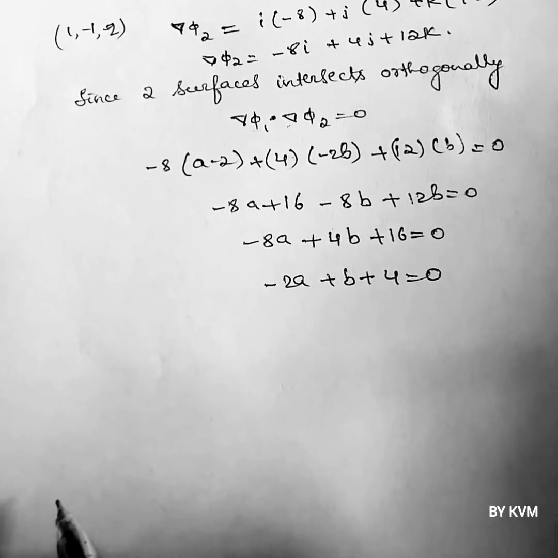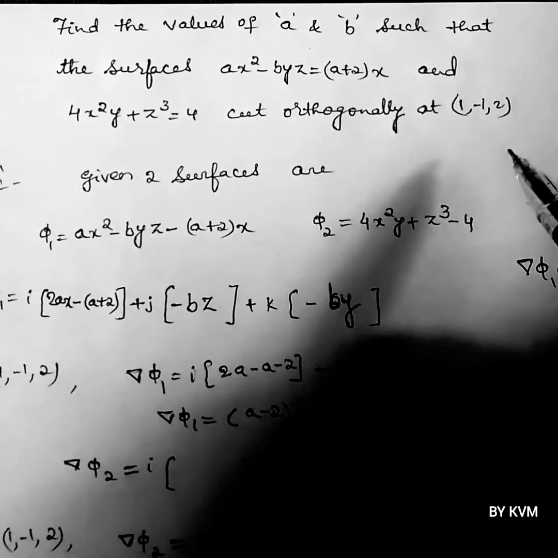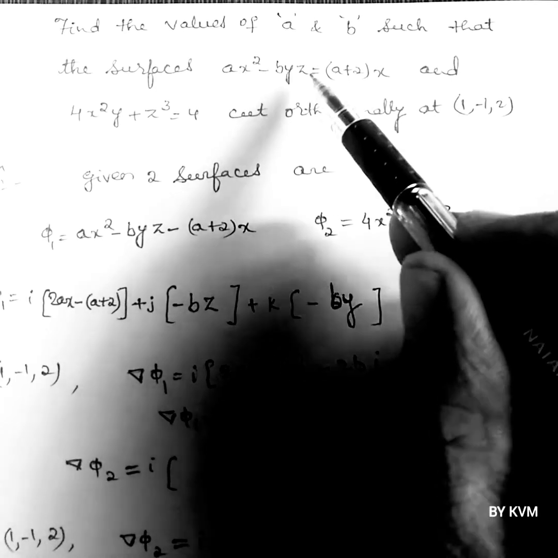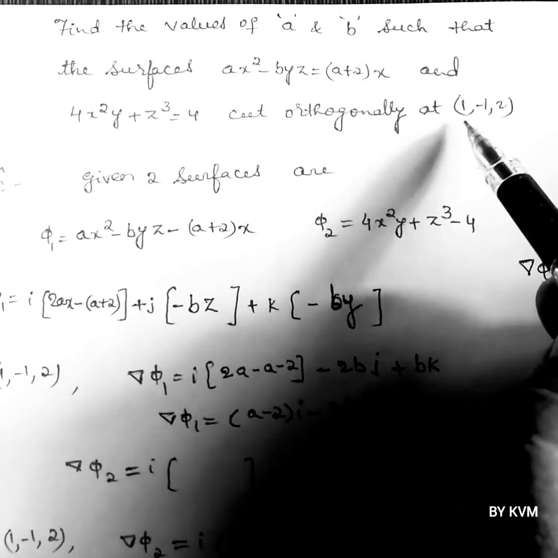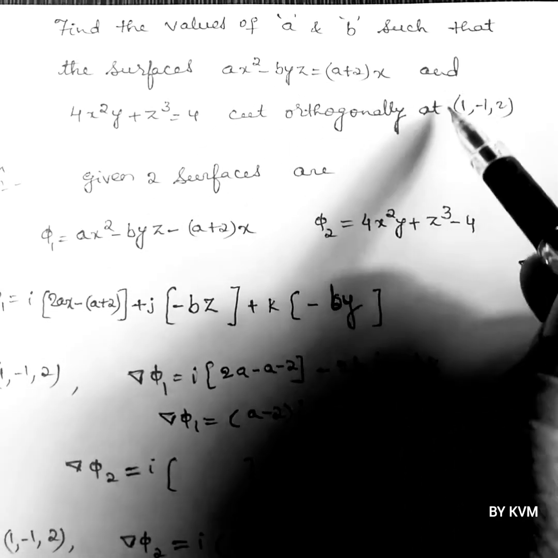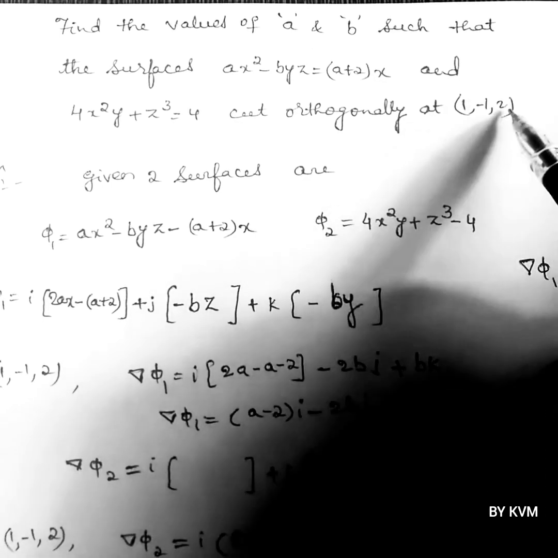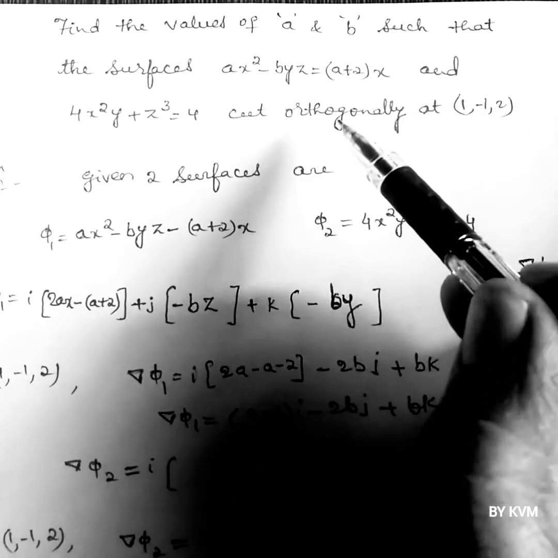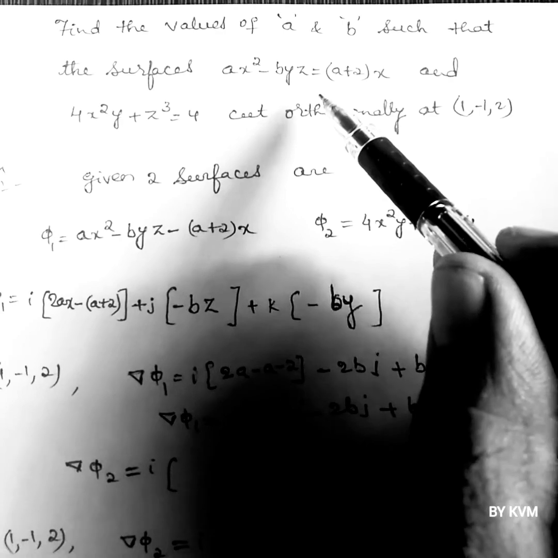Now since these two surfaces intersect orthogonally at 1 comma minus 1 comma 2, the given point 1 comma minus 1 comma 2 lies on both these surfaces.